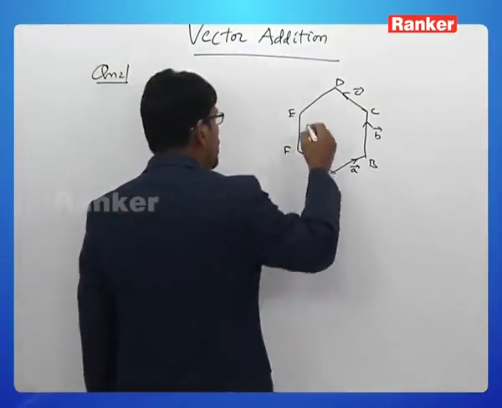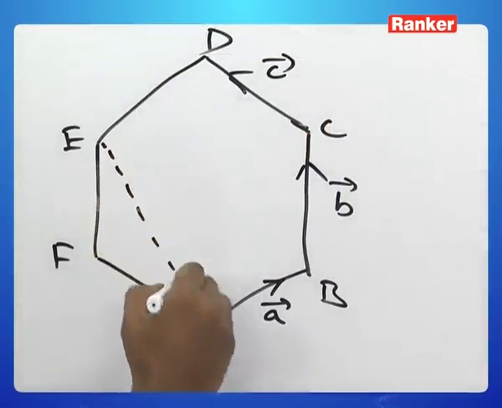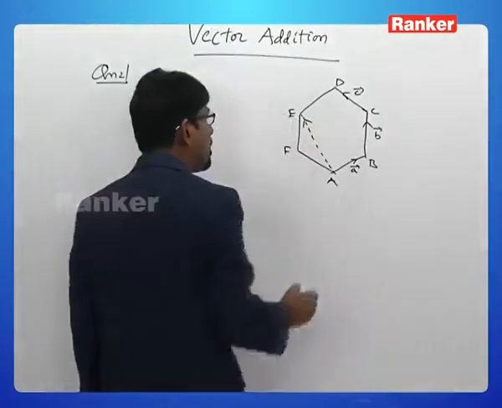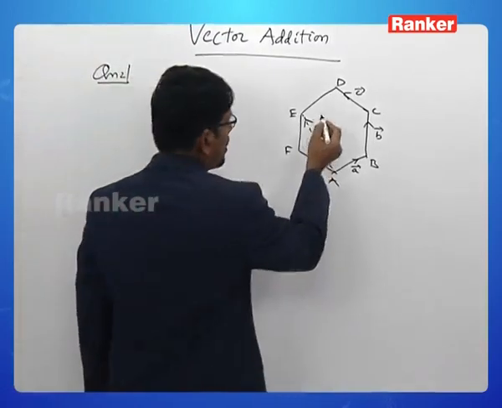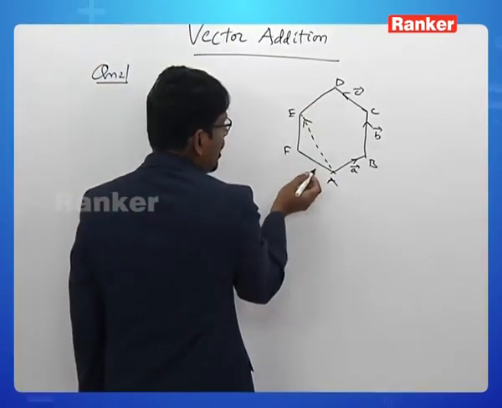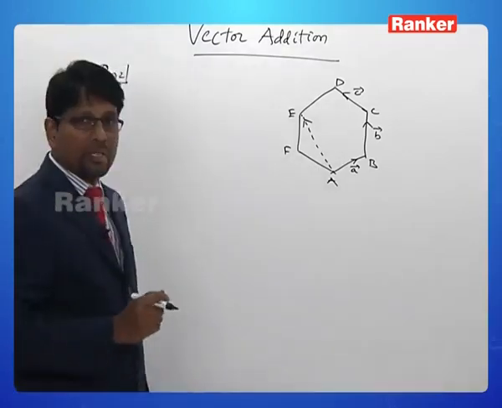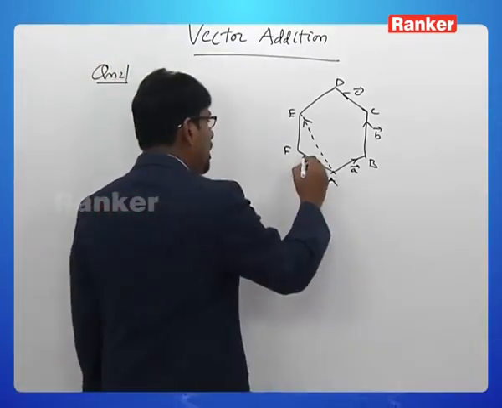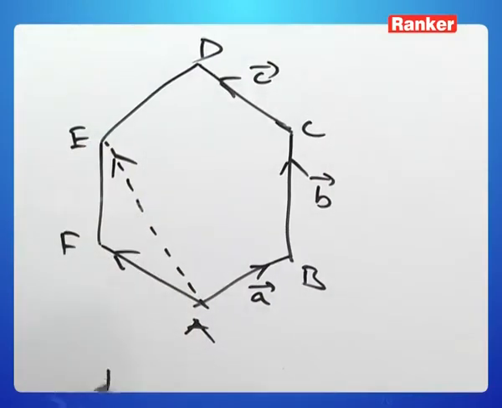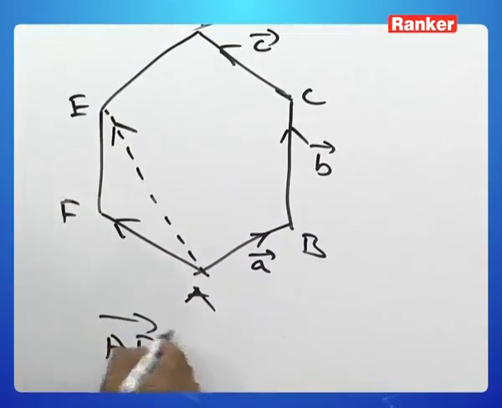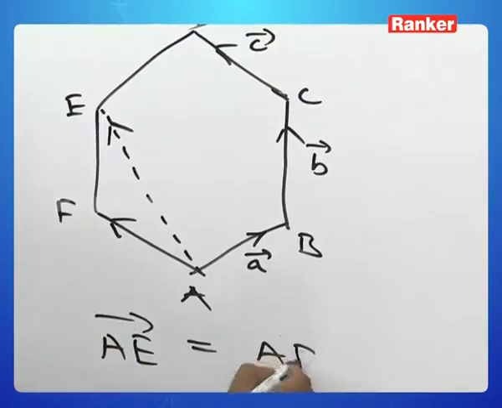Now we need to find out the vector AE. This is the vector that we have to find out, AE. Now, how can we get AE vector? AE vector, by addition of vectors, we can write that as AF plus FE. AE vector can be obtained by AF plus FE.